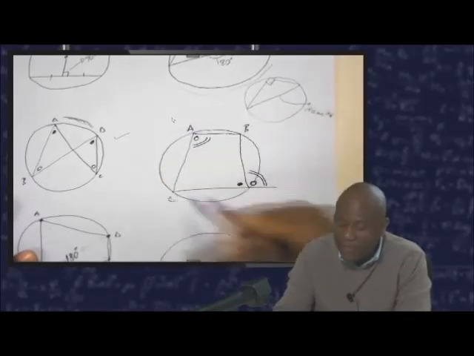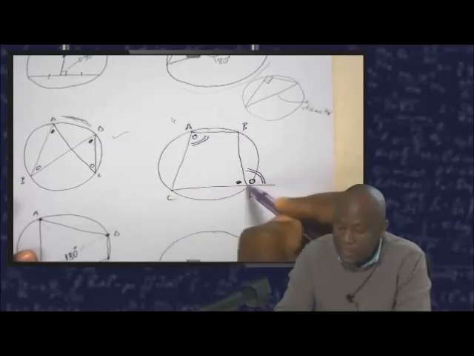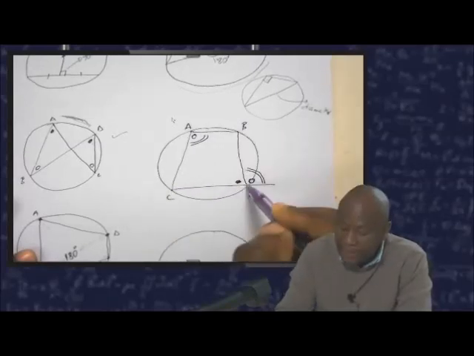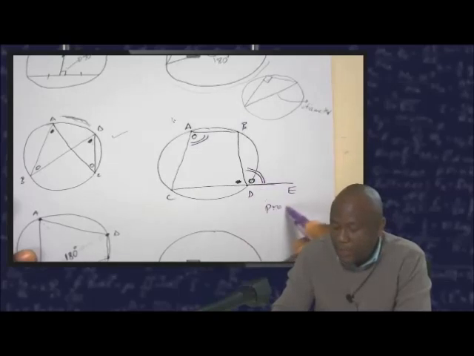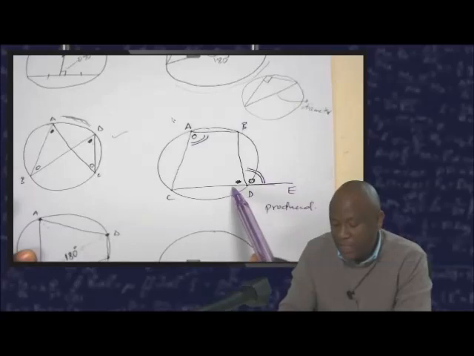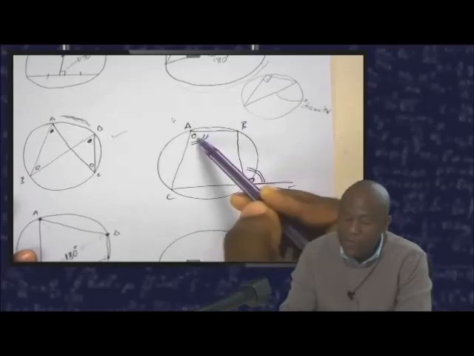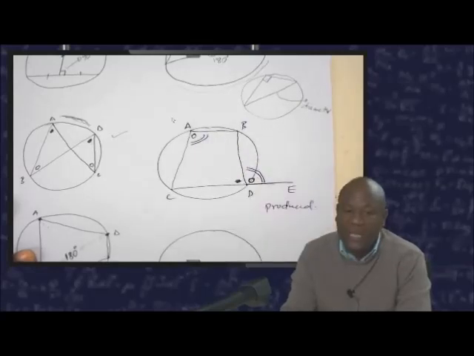If we are given that A, B, C, D are points on the circle, and CD is produced to E, let me write that, produced to E, then we know it's a straight line here. Therefore, the exterior angle will be equal to the interior opposite angle in a cyclic quadrilateral.